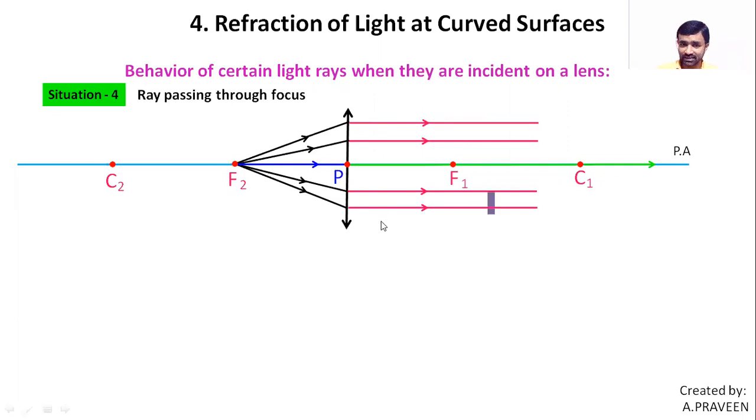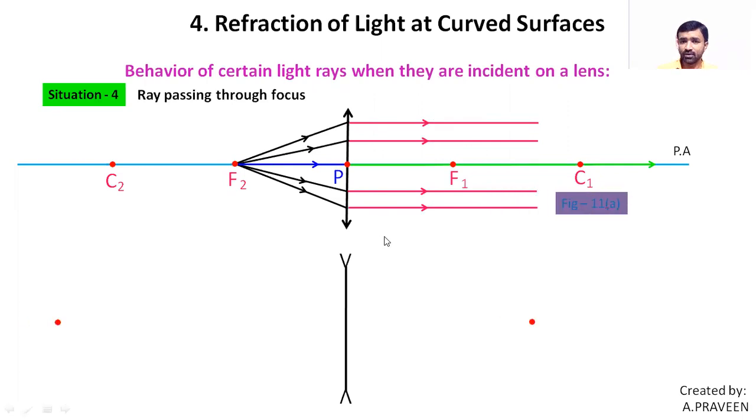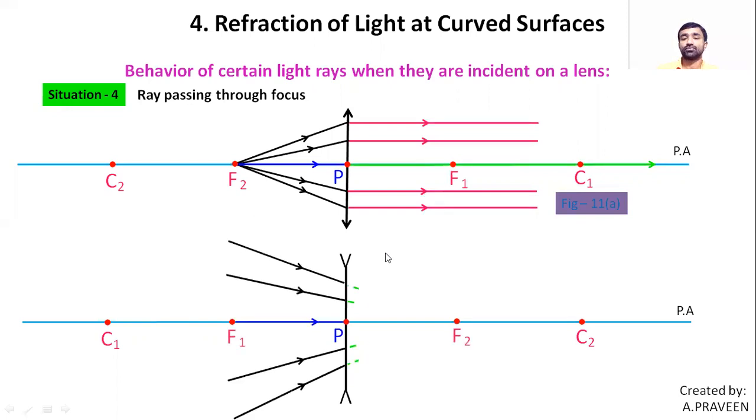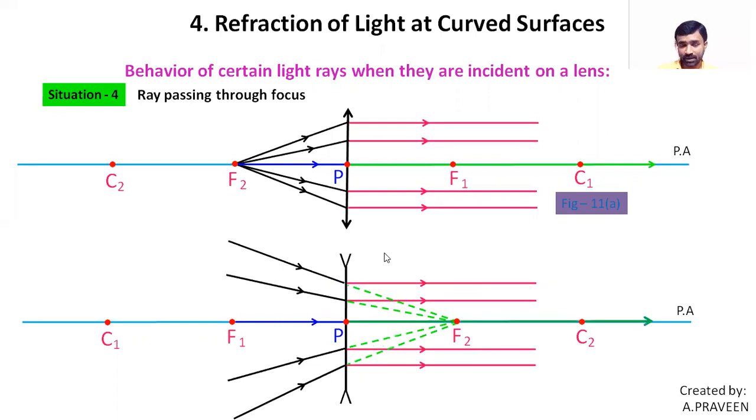Then in the case of a double concave lens, you can draw everything similarly. Take the light rays which appear to meet at the focus, like this. After refraction, they become parallel to each other. So these are the situations.